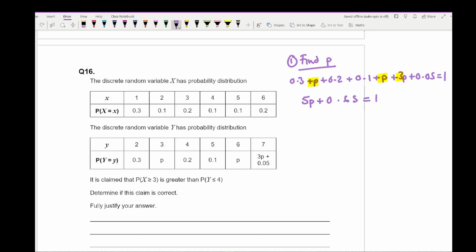So 5p plus 0.65 equals 1. Solving this, we get 5p equals 0.35, so p equals 0.07.